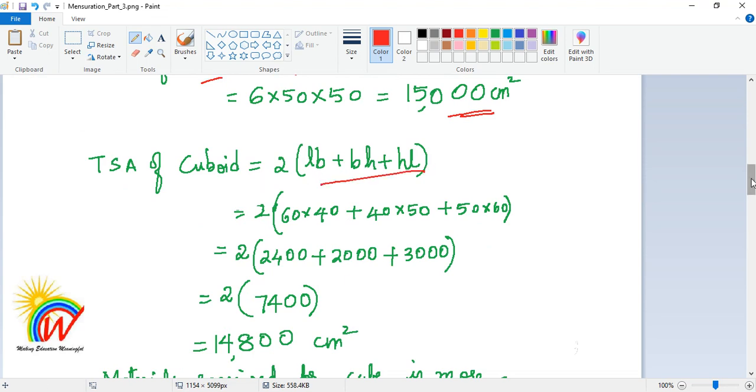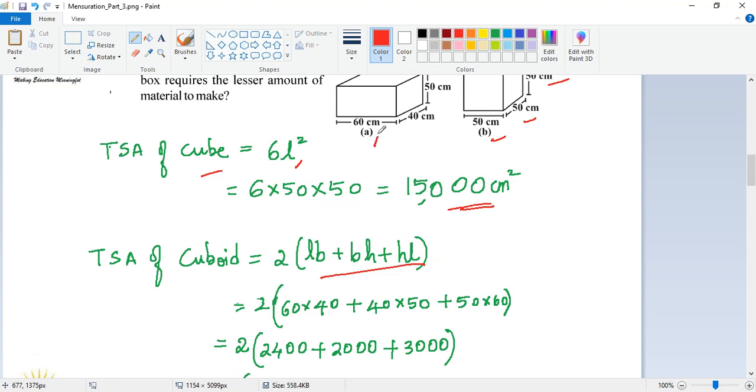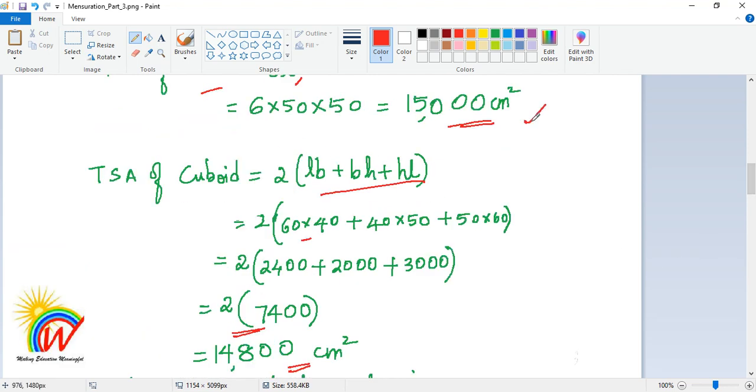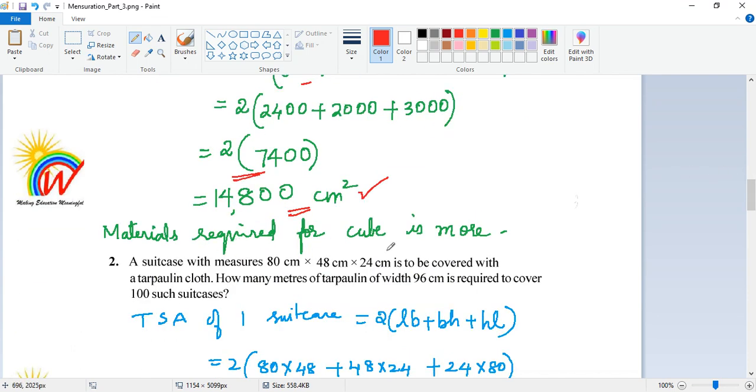For this one, you see, this is your L, this is your breadth, and this is your height. 50 is your width. So you substitute the required numbers, and then you multiply them, and then you add them, and then again multiply it with 2. So you get this answer. Now comparing these two, you can see that the cubical one, 15,000, is larger, right? So the material required for the cube is more.